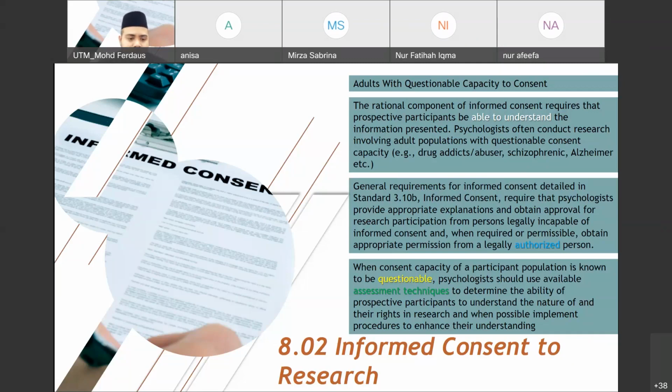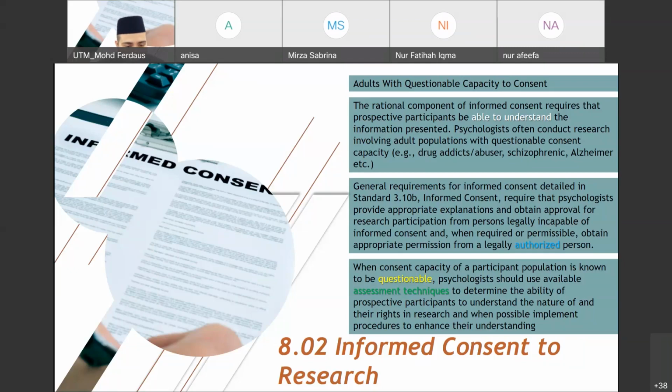Simple example: people who are drunk or under the influence of drugs, at that particular moment, don't have the total capacity to think and understand. So their consent at that moment, or even people with Alzheimer's who always forget, is questionable. What if they don't have a guardian, and no parents, children or spouse around to give the consent?